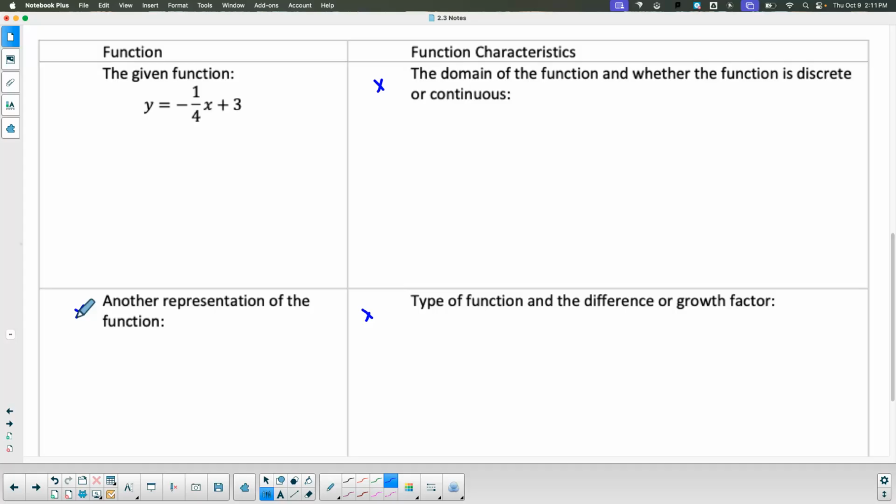So you might want to take the cards and sort them, like the domain ones go in one spot, the functions, another representation, etc. But for me on this one, I would say that this domain is card F. The domain of the function is continuous, and the domain is all real numbers. So card F would be that one, and I would put that up in here.